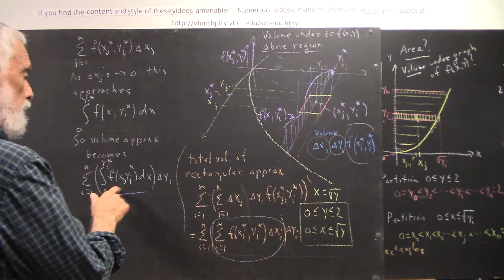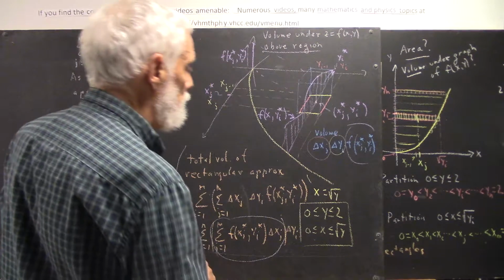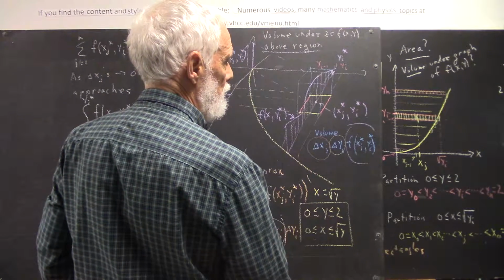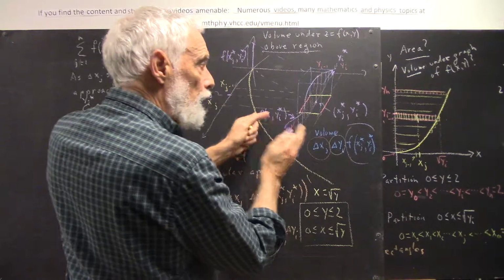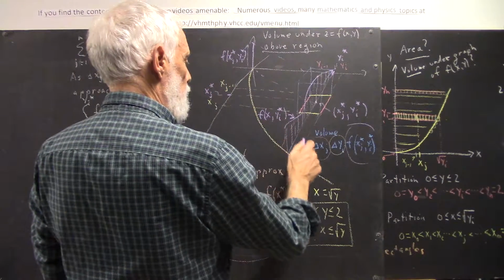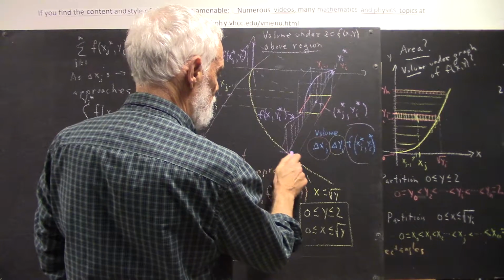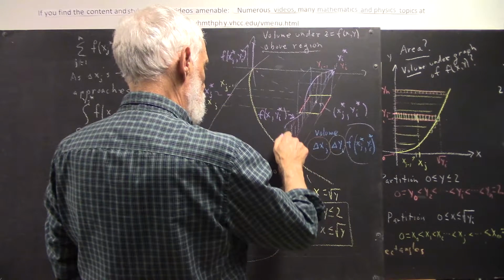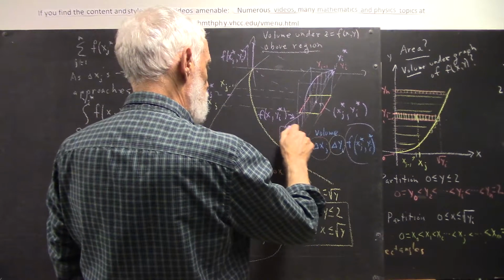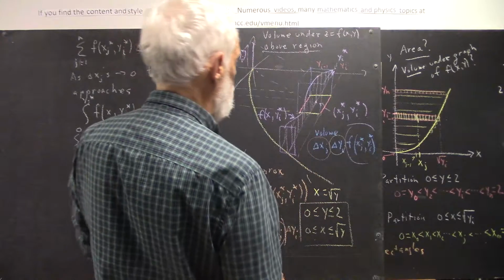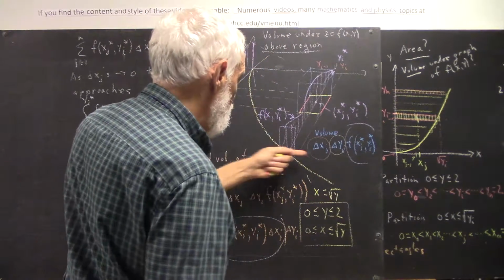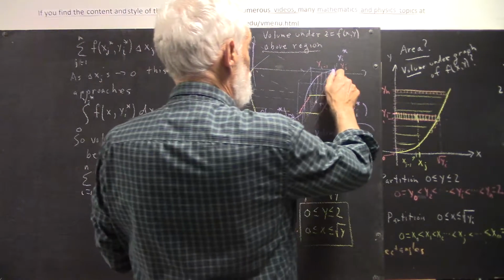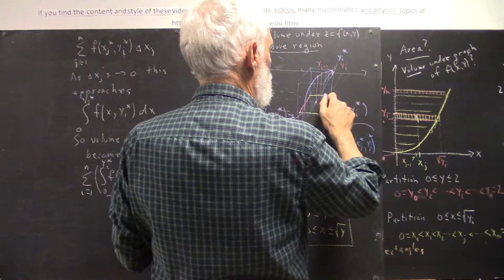Now I multiply that by delta y sub i, and now this graph takes on a thickness equal to my delta y sub i. I'm hesitating to do this because eventually I'm going to mess it up and it's not going to be at all comprehensible, but I'm going to take the risk. I've got a rectangle here where I have a delta y sub i in this direction, and I've got a similar rectangle over here, wherever.